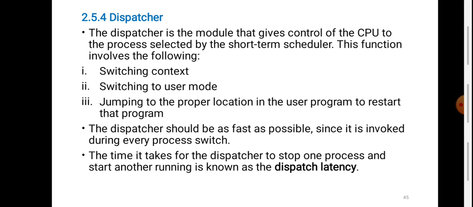It means that the time after the completion of a process execution till the beginning of the next process execution should not be long. So this gap should be very small. The time it takes for the dispatcher to stop one process and start another process running is known as dispatch latency. So this dispatch latency should always be smaller.